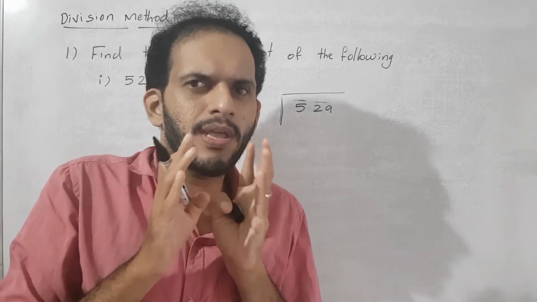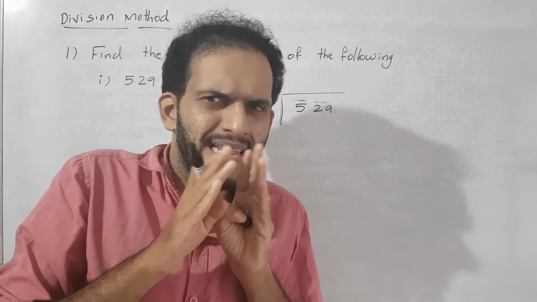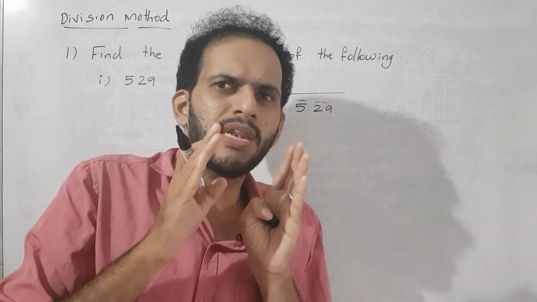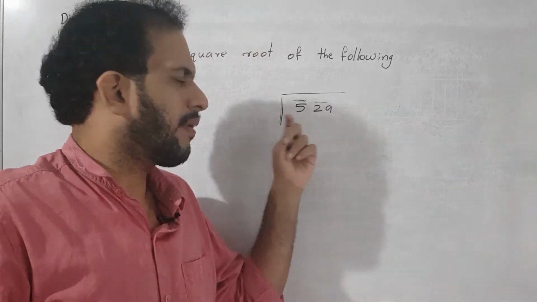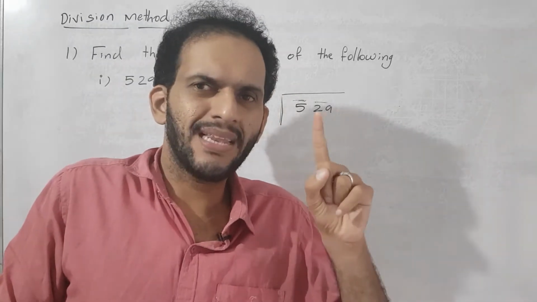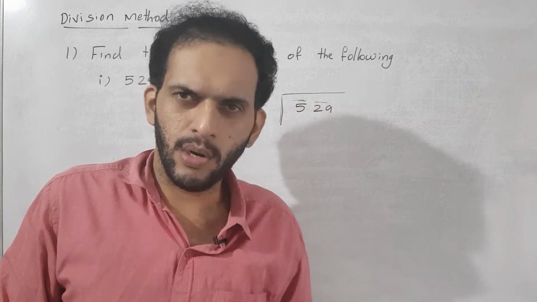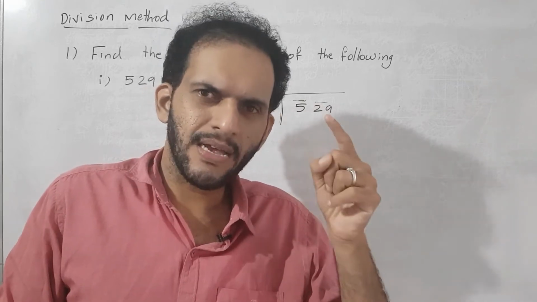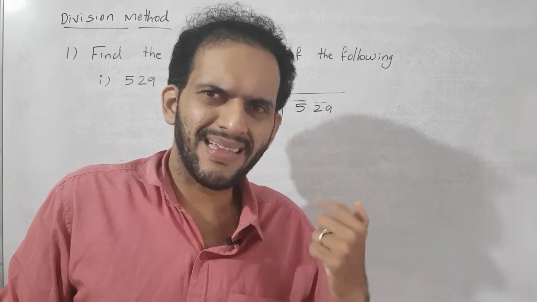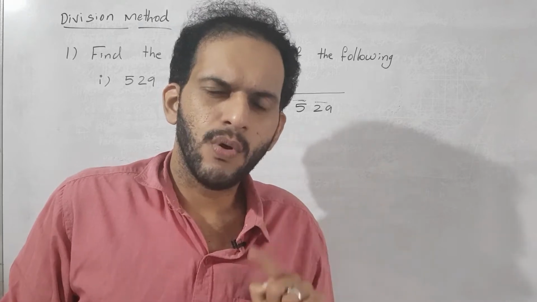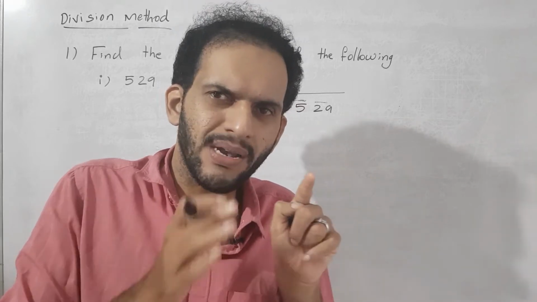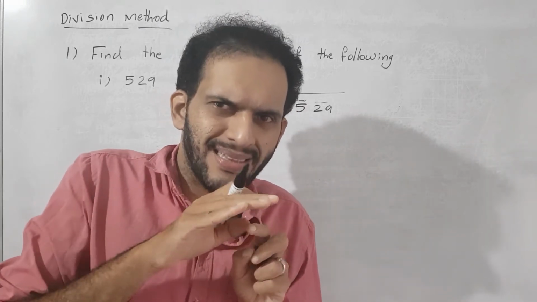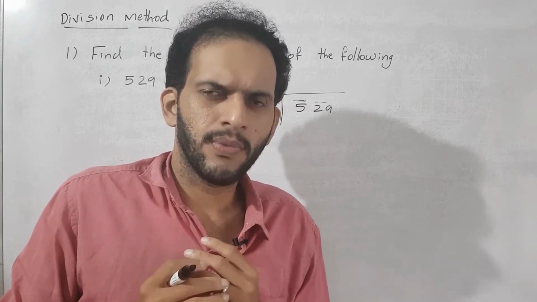Now it is very clear. Any number's square we never get equal to 5. So we just think about whose square is less than 5, or nearest to 5.